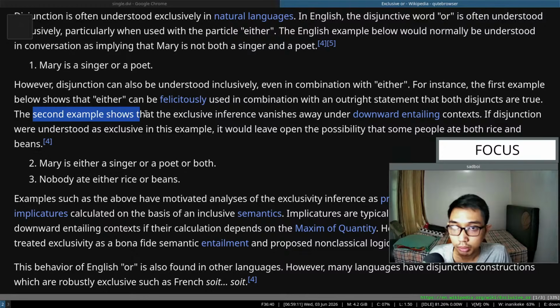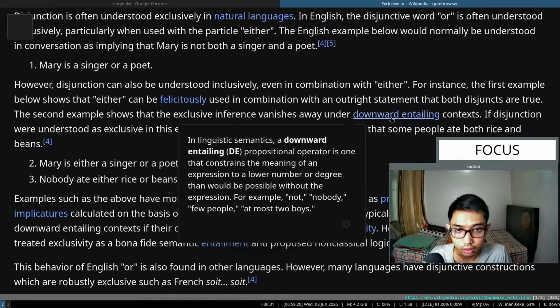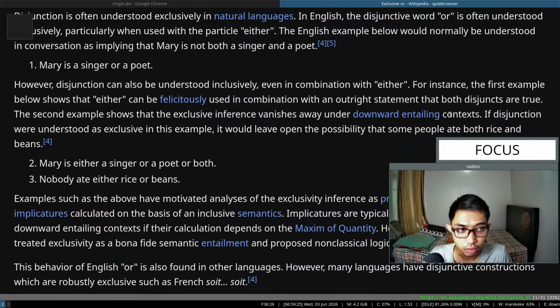The second example shows that the exclusive inference vanishes under the downward entailing context.